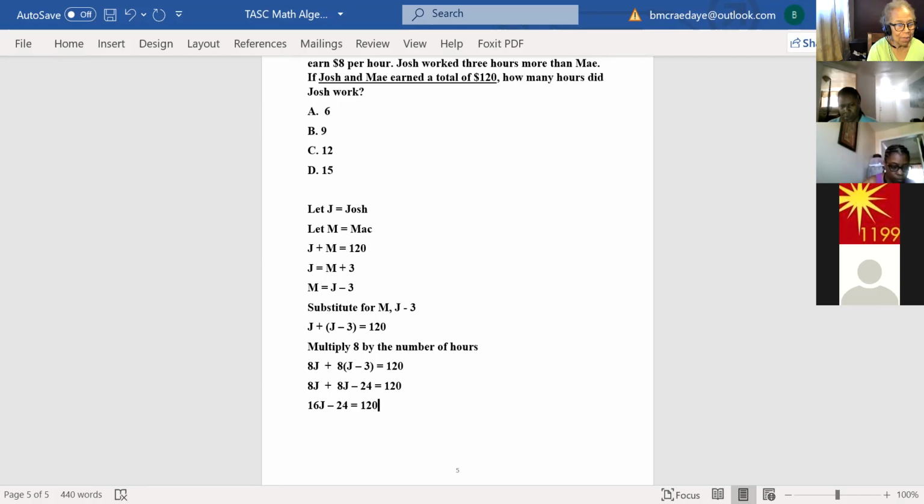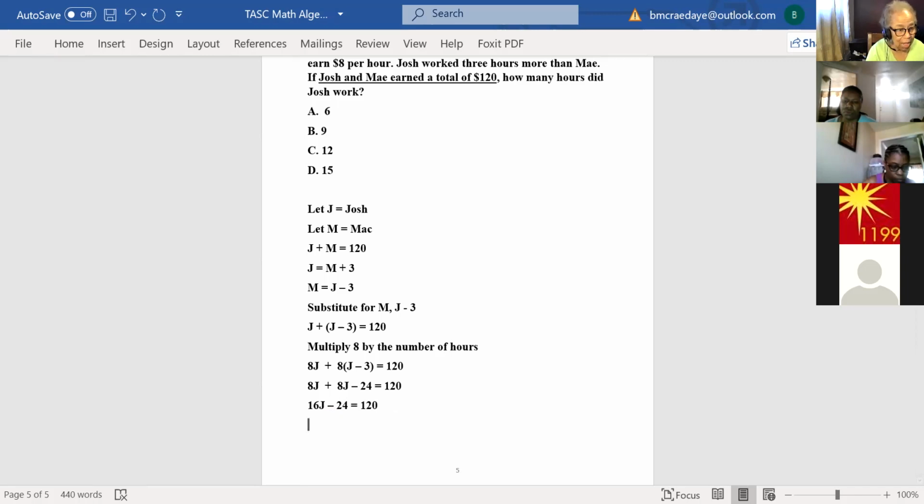You subtract the 16J from the 24, right? No, what do I do next to solve for J? What's the next step? I need to get this 24 on the right side. What do I do? Divide both sides by 24? No, that's not divide. That negative is a subtraction.